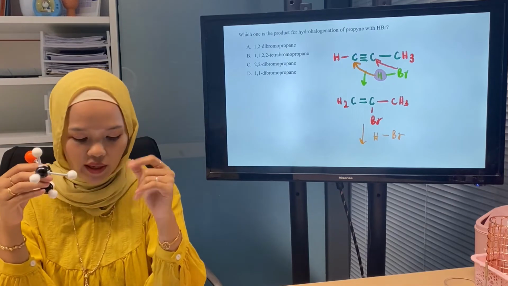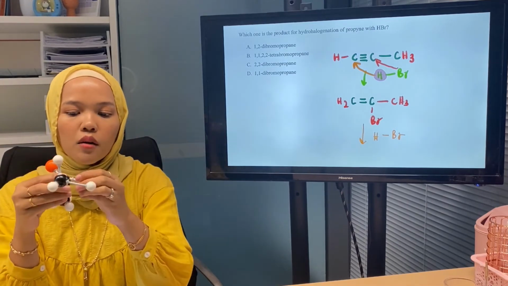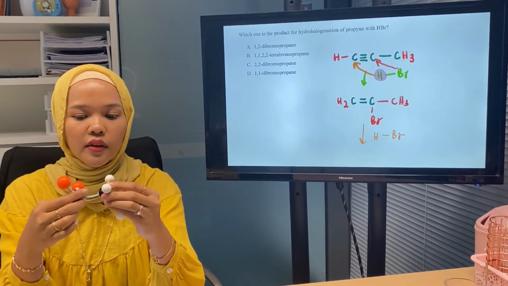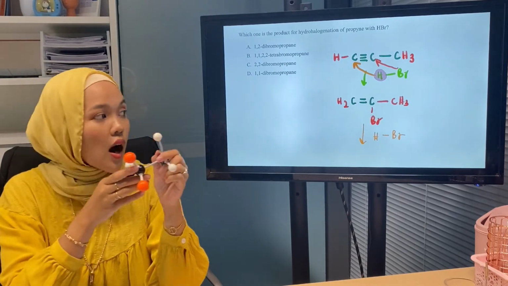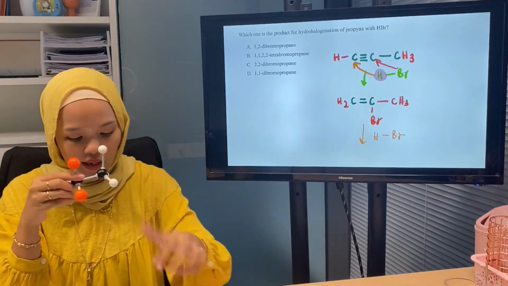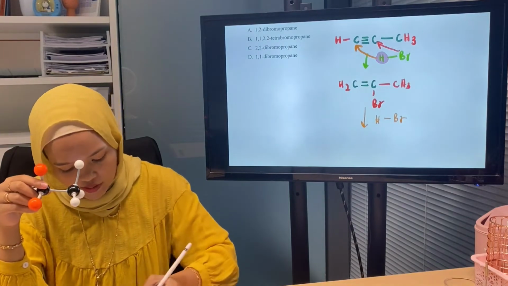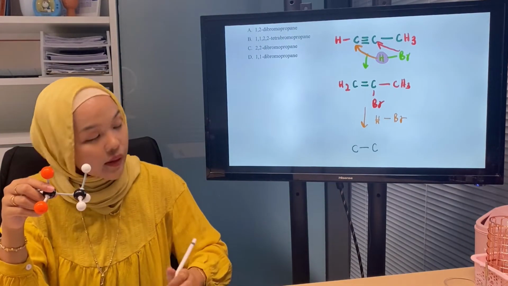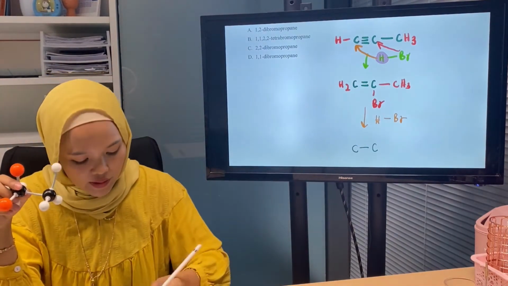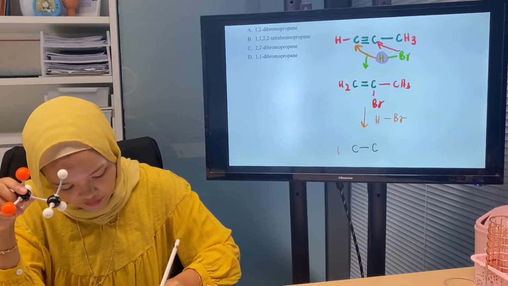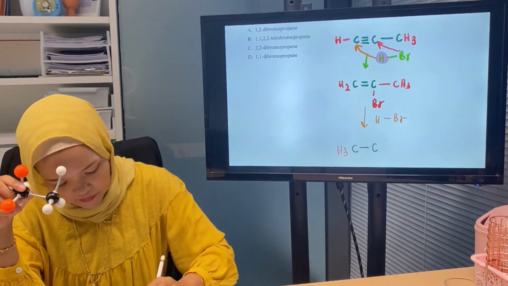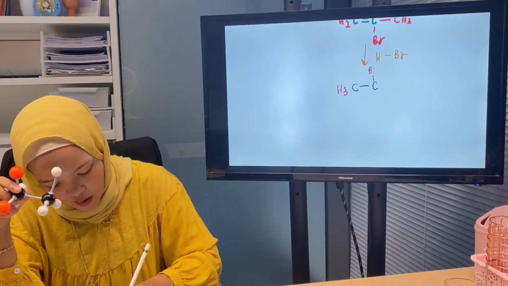Another Br will be added here. Can you see that you are going to form it like this? It is going to be carbon-carbon because this pi bond is broken. So you have CH3 and you have Br.